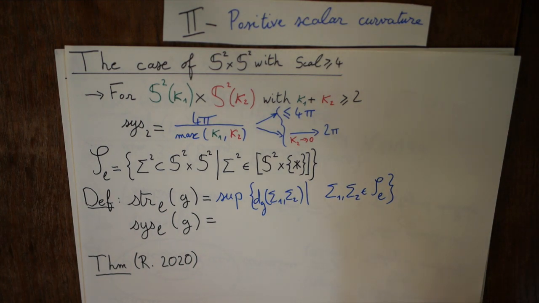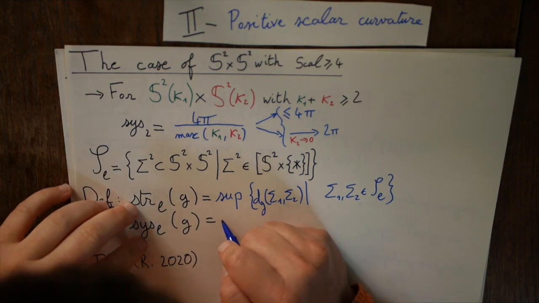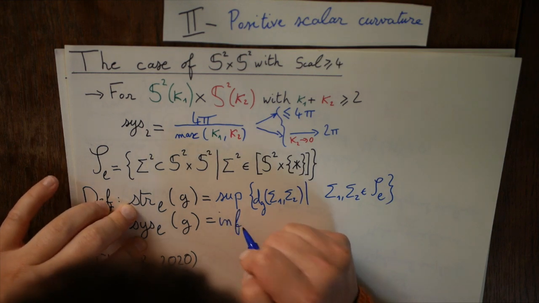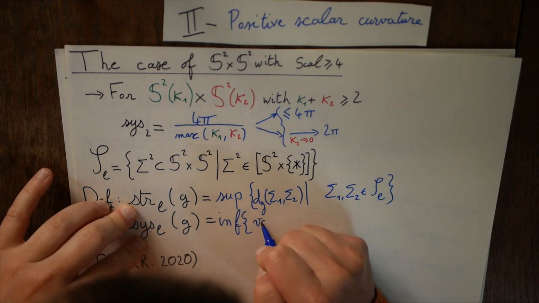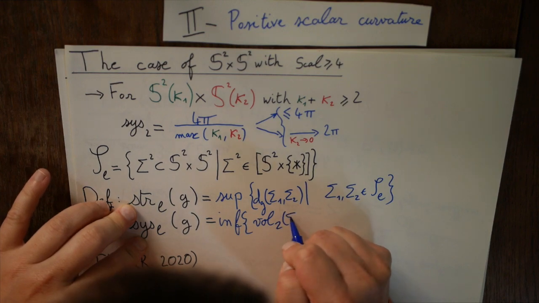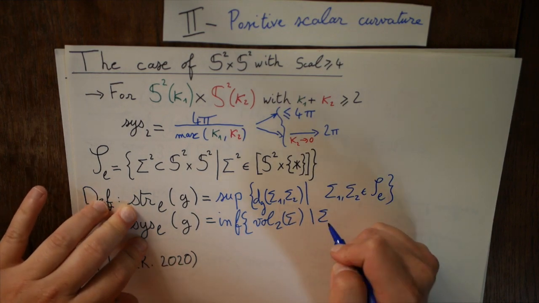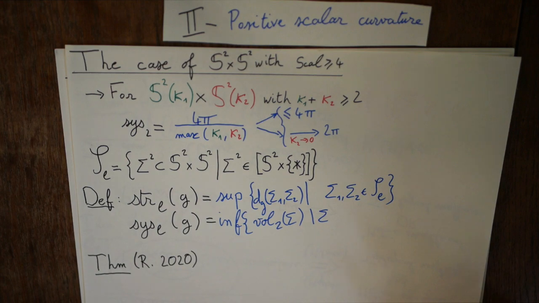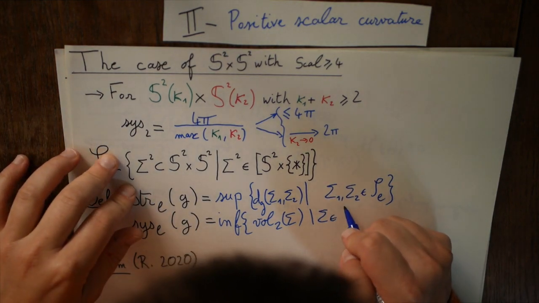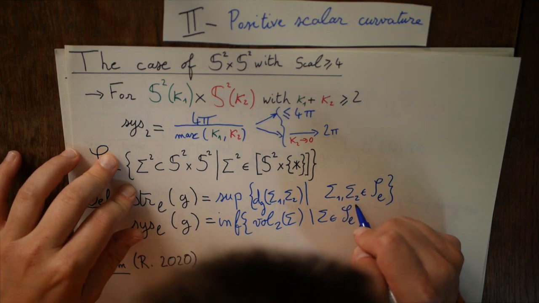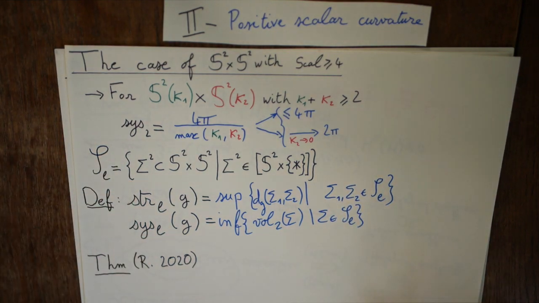So the left systole now is just a restriction of the systole. That will be the infimum of the area, the two-dimensional volume, of sigma. But instead of looking at all non-homologically trivial surfaces, we look only at surfaces which are homologous to the first factor.